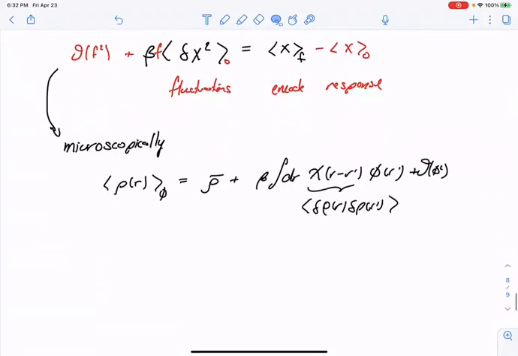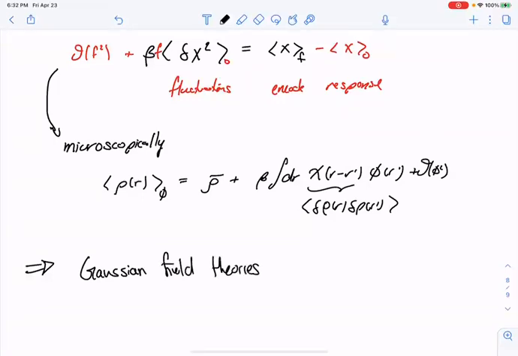Noting that correlation functions or fluctuations play such an important role in determining how a system responds, we tried to sort out a theory to predict those correlation functions. The time we spent with Gaussian field theories enabled us to predict those correlation functions.